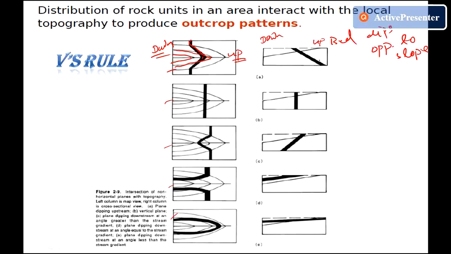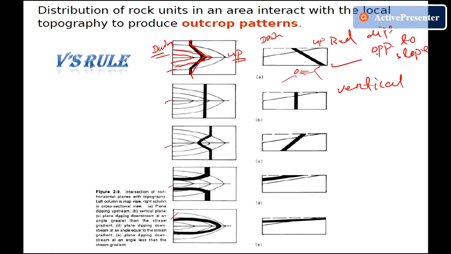If you are going for a bed which is dipping opposite, you will get V in the upstream direction. Then again you are going for vertical. This is vertical bed. As I have told, you are not getting any upstream or downstream V. It will be as it is. The outcrop will show a straight line, because you are viewing from above.